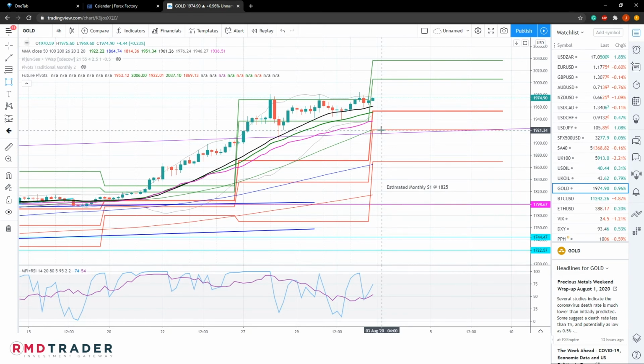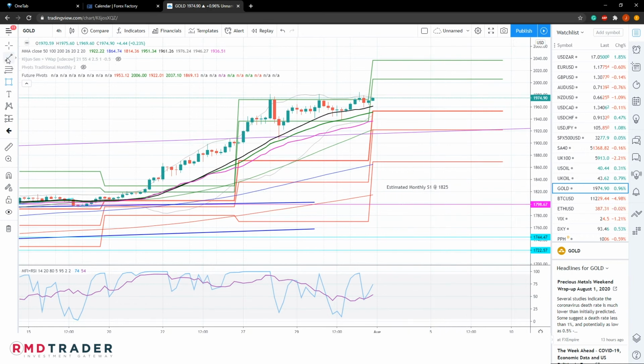And of course, we can see that our 4-hour 100 SMA and 4-hour 200 SMA are also converging on pivot levels. The 100 SMA converging on the weekly S2 pivot, and the 200 SMA on the 4-hour converging with our monthly S1 pivot at 1,825.